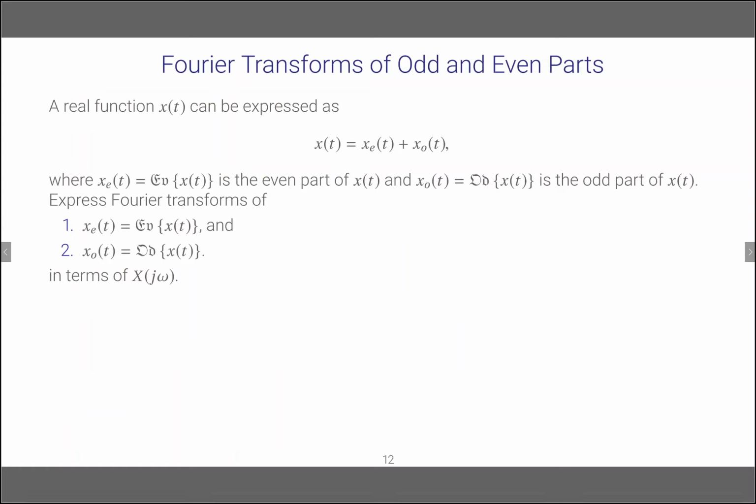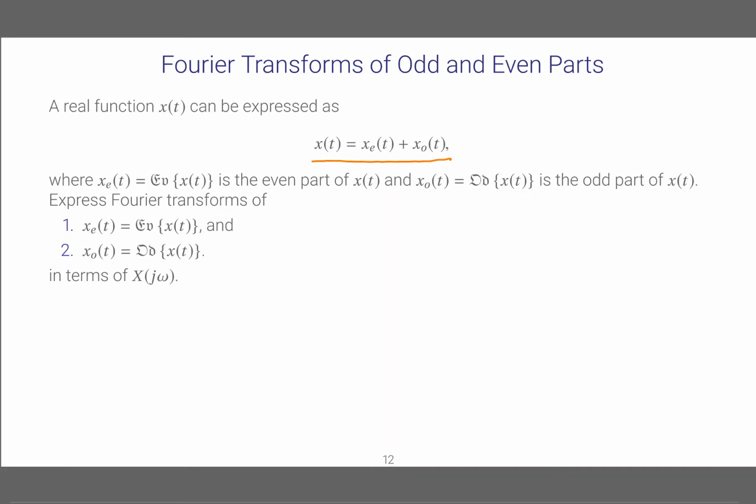So now let's consider the Fourier transform of odd and even parts. A real function x(t) can be expressed as x(t) equals x even part of t plus x odd part of t. So this is the even part, this is the odd part. We know the formulae for this.